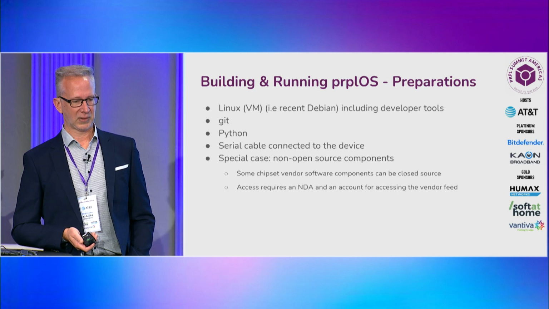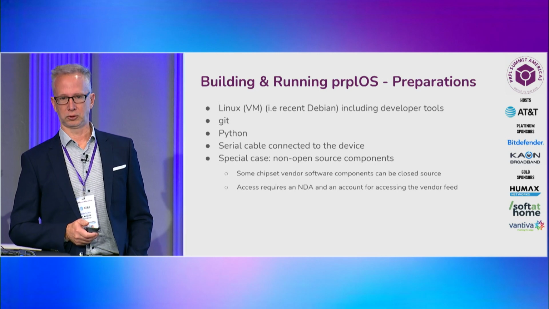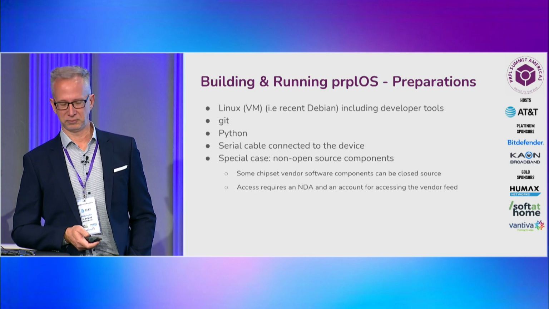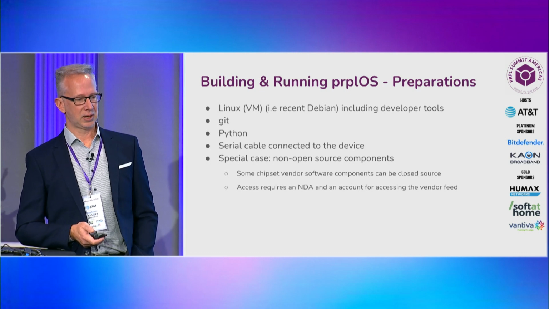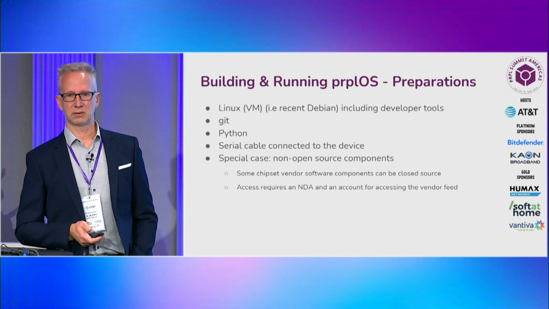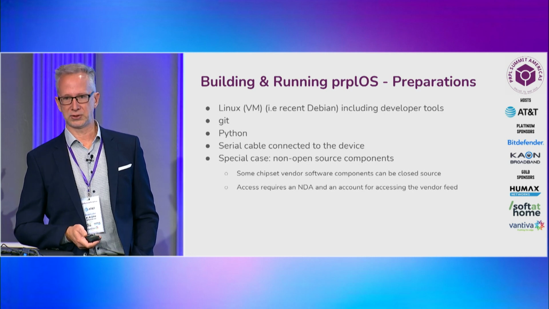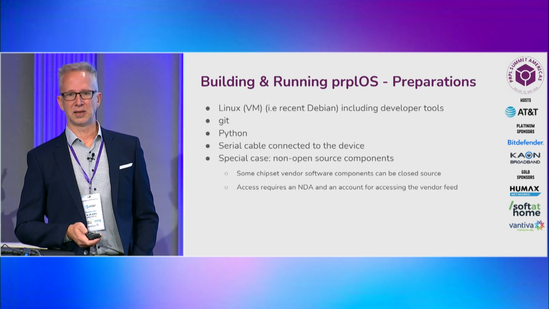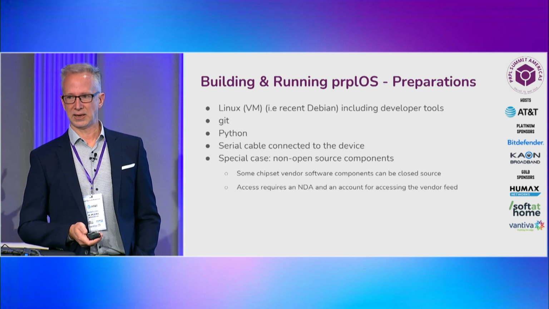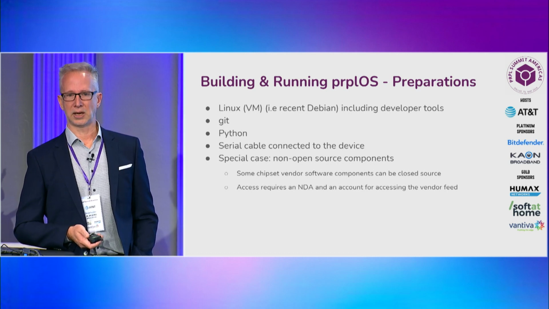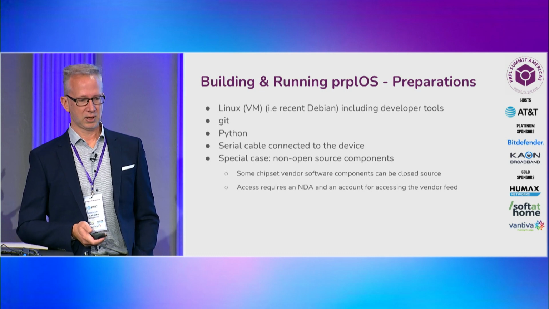And depending on the hardware platform, you also need some agreements with the chipset vendor. This is because some components, for instance, Wi-Fi drivers, may not be available as open source from the chipset maker. In this case, you need an NDA, and you need access to the chipset maker's repository.